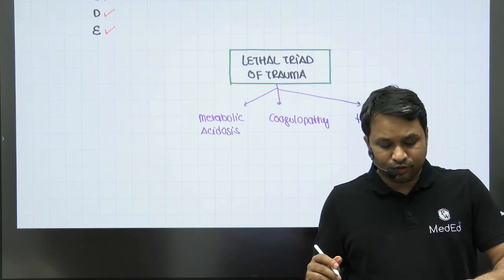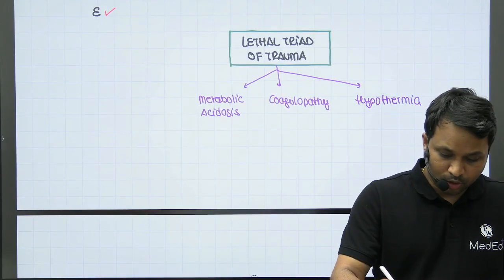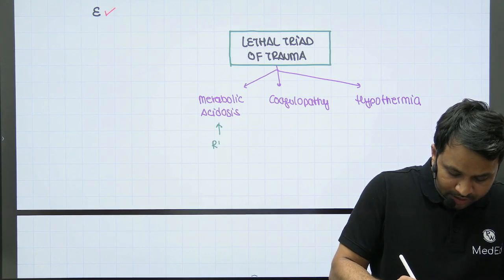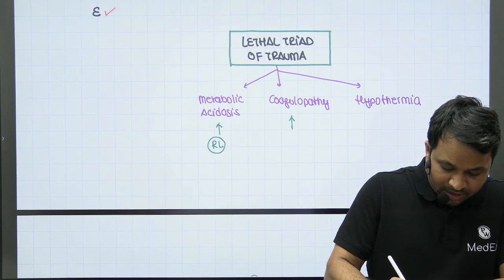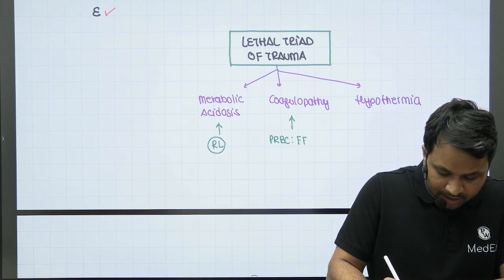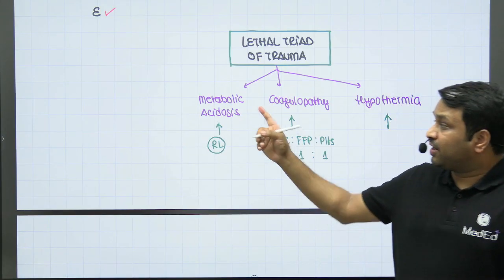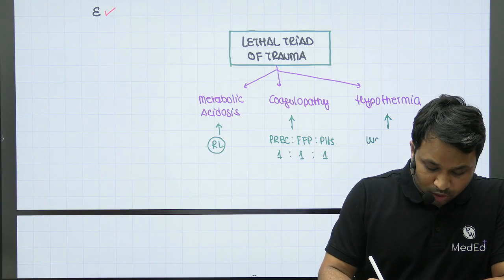So in a patient of trauma, how are you planning to prevent this lethal triad of trauma? To counter the metabolic acidosis, I'm going to give Ringer lactate. To counter the coagulopathy, whenever I'm going to give PRBCs, FFP as well as platelets, the ratio that we maintain is 1:1:1. To prevent hypothermia, whichever Ringer lactate you're going to infuse, I am going to give as warm fluids.